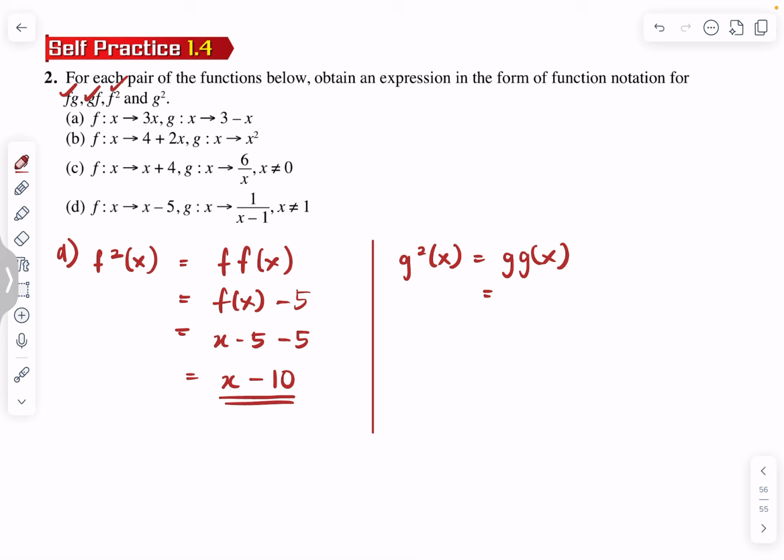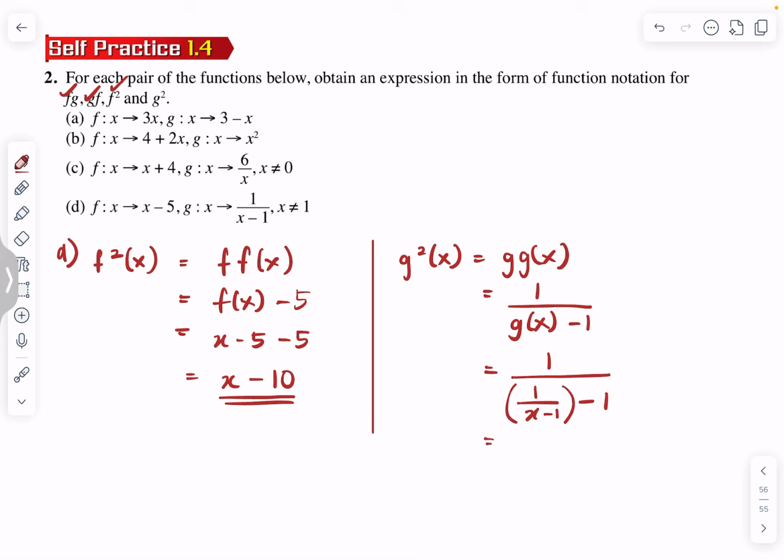Okay, this one is a bit tricky. So g of x is 1 over x minus 1, g of y would be 1 over y minus 1, g of g of x would be 1 over g of x minus 1. Now we sub this g of x into here. We will get 1 over 1 over x minus 1, minus 1.